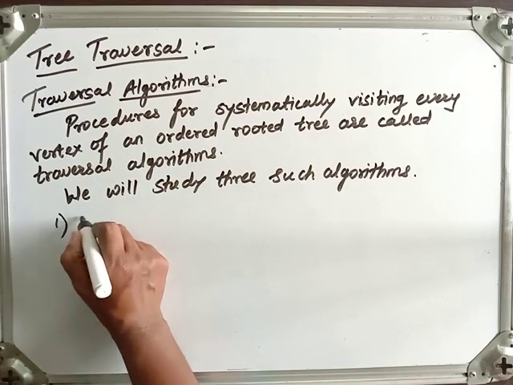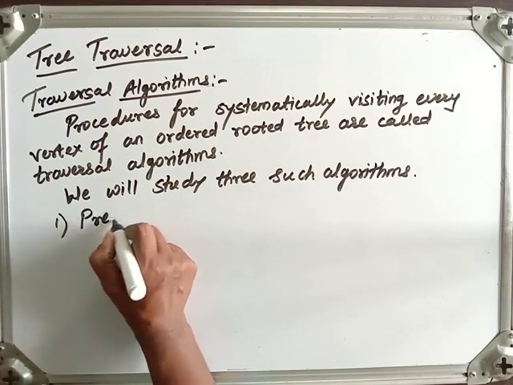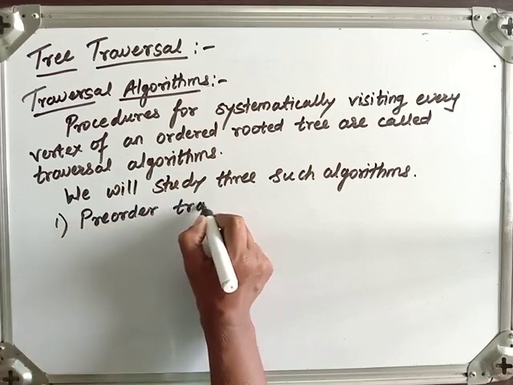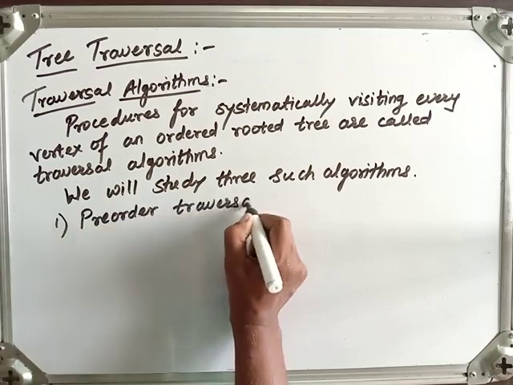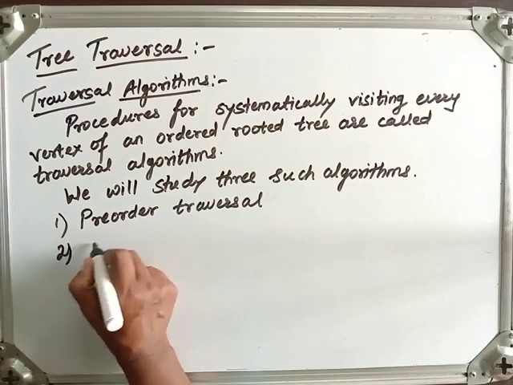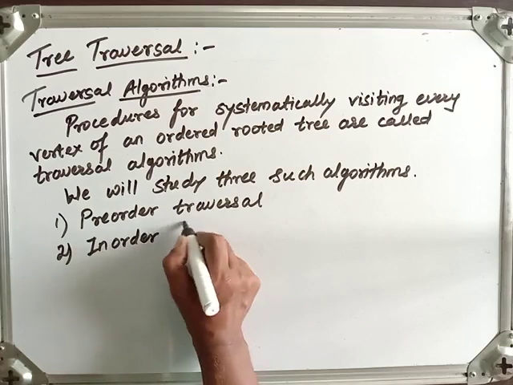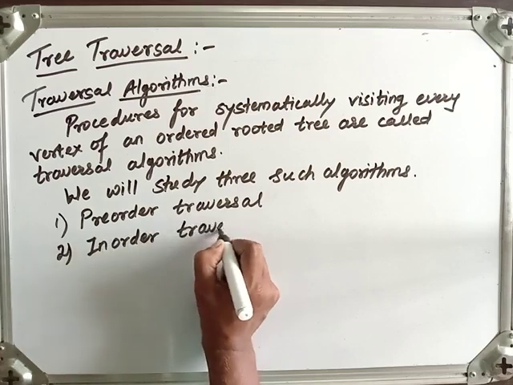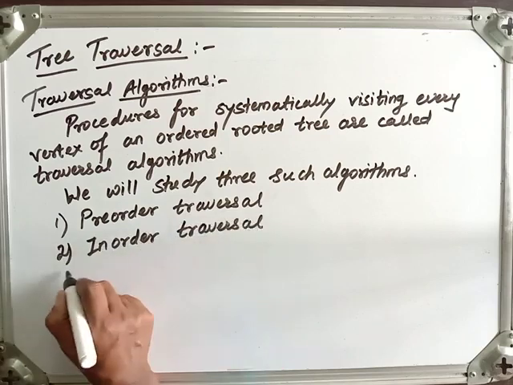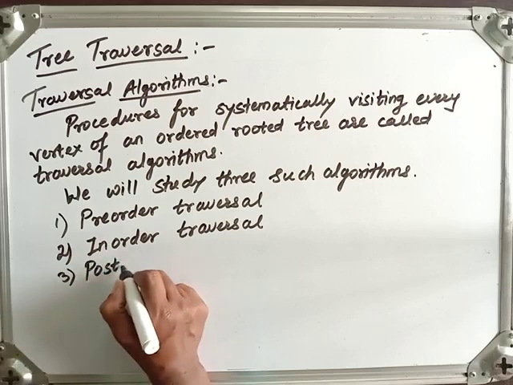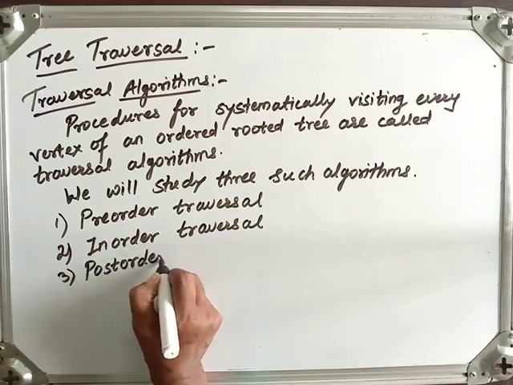The first one is preorder traversal. The second one we have to study is inorder traversal, and the third one is postorder traversal.